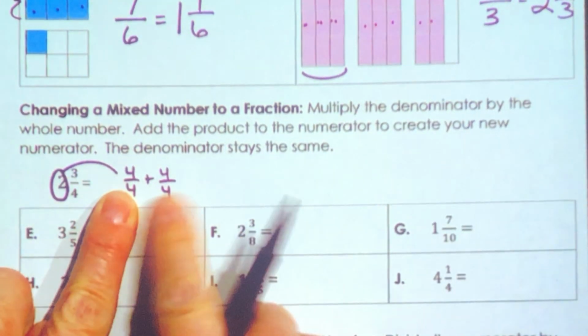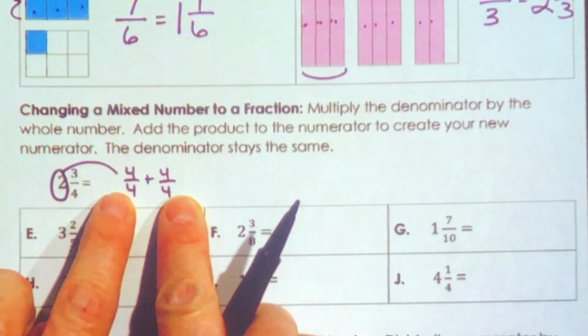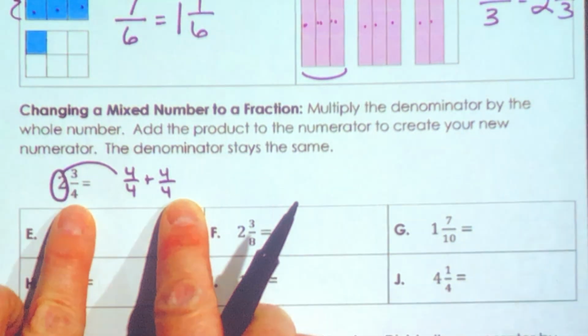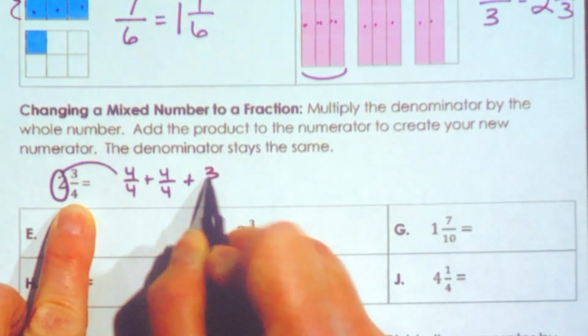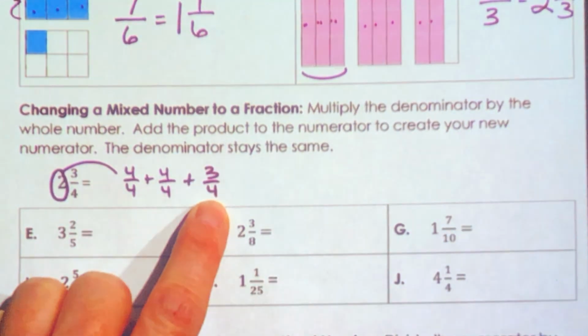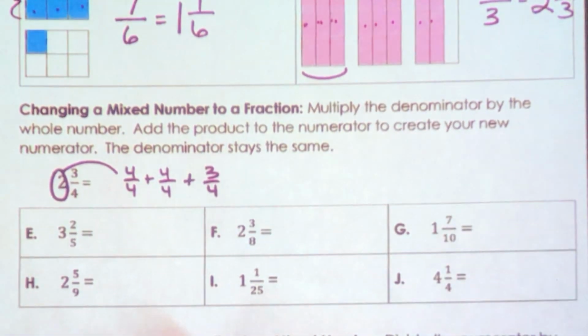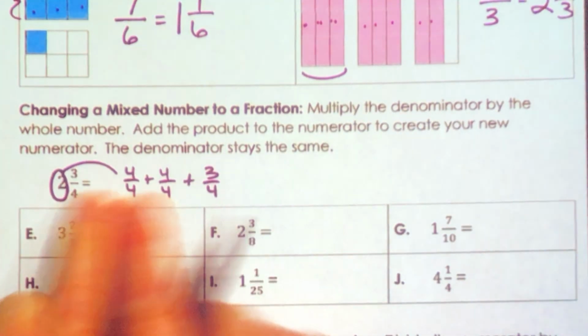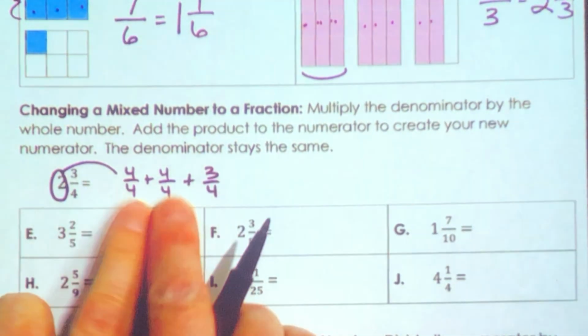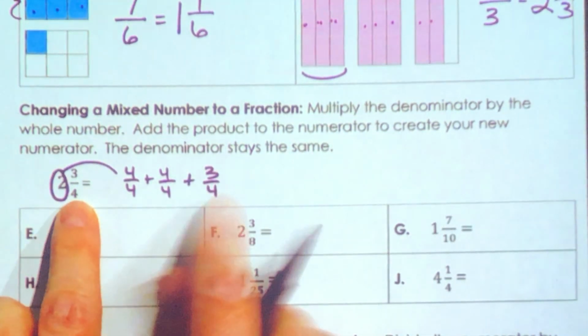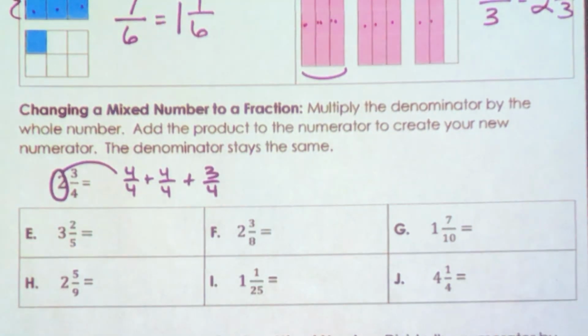So 4/4 plus 4/4, that would mean 4 out of 4 are shaded in one shape, 4 out of 4 are shaded in another shape, and then this 3/4 means that I have one more whole, but not all the pieces are shaded. Only 3 of them are. So 2 3/4 is the same as having 4/4 twice, plus that extra 3/4 of the other one that's not quite shaded all the way.